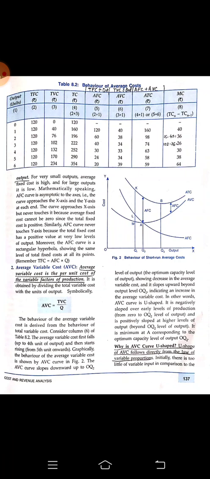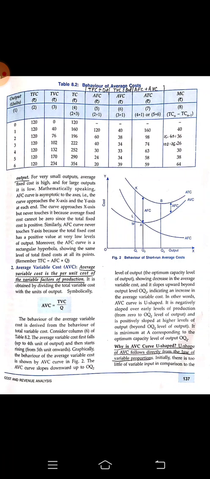In the very first video of this chapter we came across that total fixed cost is going to be the same throughout the production. When the output is 0, it is 120, and when the output is 6, total fixed cost is also 120. That means column number 2, representing total fixed cost, remains fixed throughout the production process.